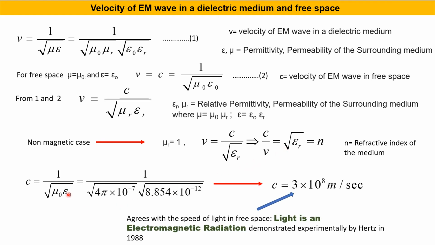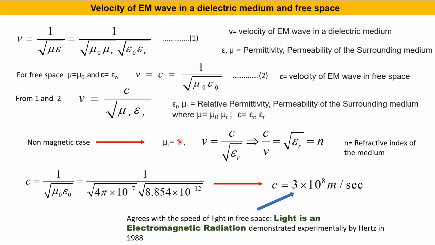In general, if we substitute the values of mu 0 and epsilon 0 in the velocity, we get the velocity as 3 times 10 to the power 8 meters per second, which agrees with the speed of light in free space. So we can say light is electromagnetic radiation, which was also demonstrated experimentally by Hertz.